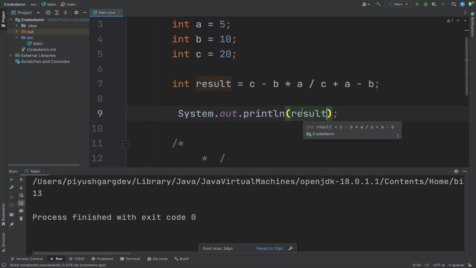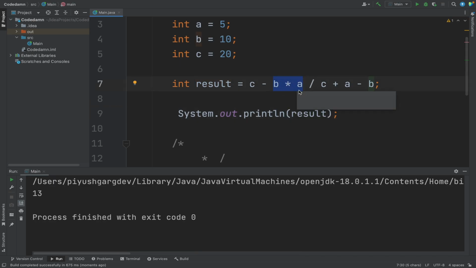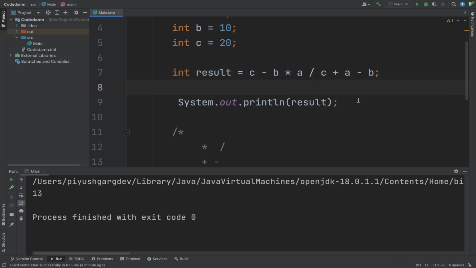What happened is, first b into a is calculated, then whatever result comes is divided by c, which brings to an end the first evaluation of this expression. Then the compiler goes from left to right again, first subtracts, then does the addition, and finally the subtraction. That's how the basic arithmetic operators work in Java.